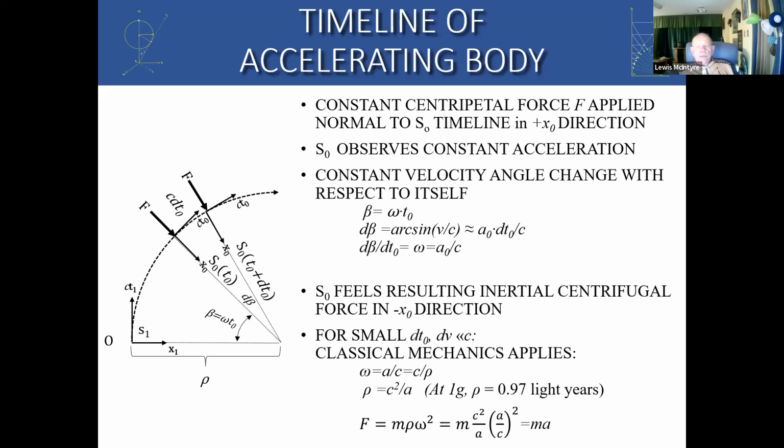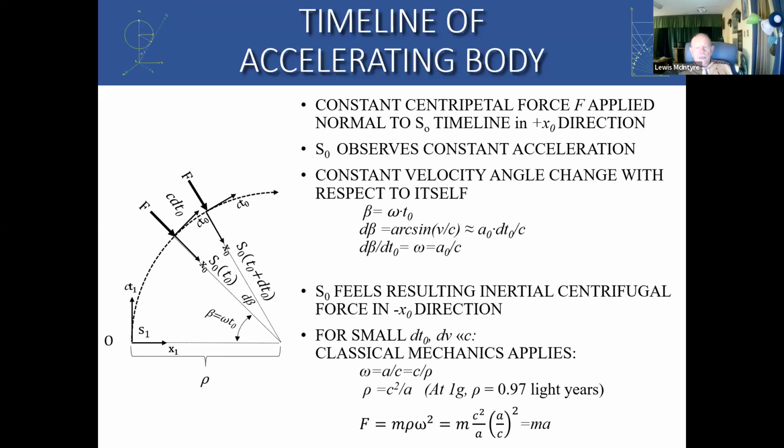For acceleration to be constant, a constant centripetal force F must be applied normal to the timeline in the direction of the x1 axis throughout the acceleration, and the body will feel a resisting centrifugal force in the negative x1 direction. For small delta t, the delta v due to acceleration is very much less than the speed of light.